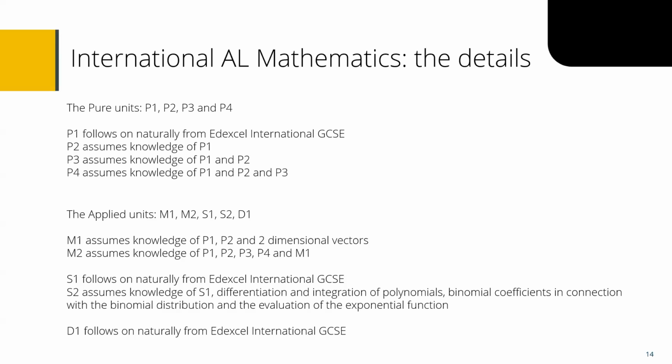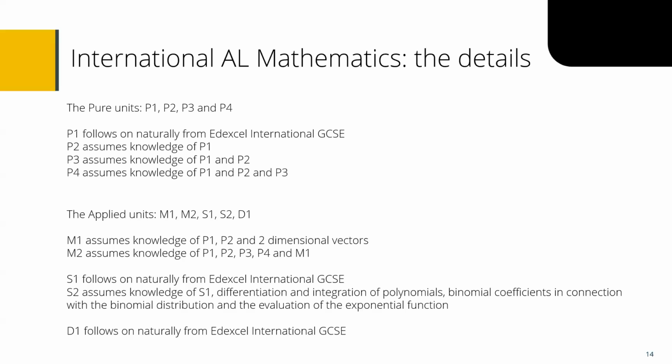Being aware of what's required within each module allows a better transition and fewer issues upon delivery. So the fact that M1 assumes knowledge of P1 and P2, that should be taken into account in structuring the teaching of each module, especially in the first year of the 2-year course.